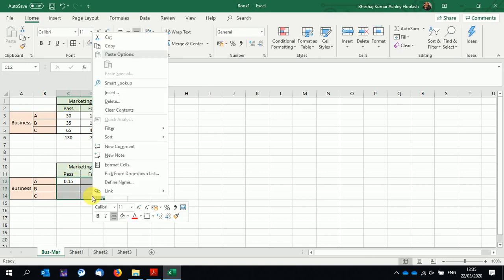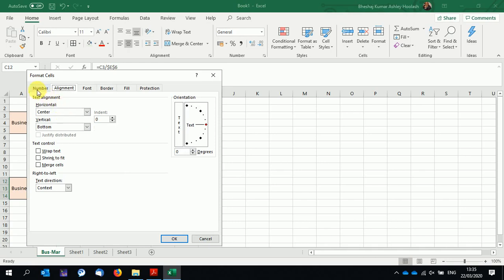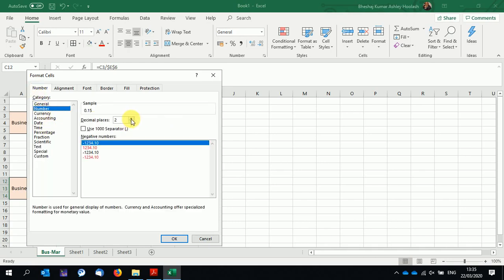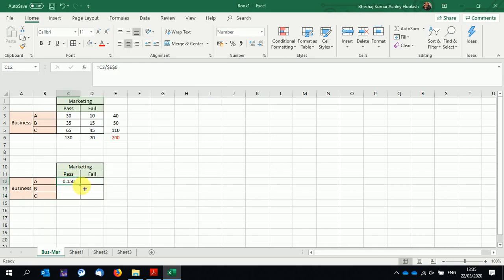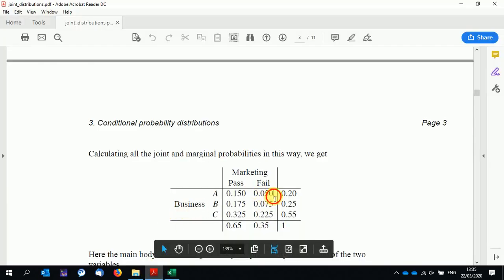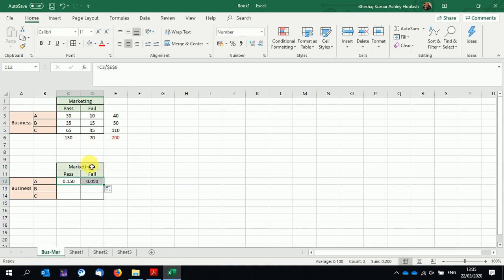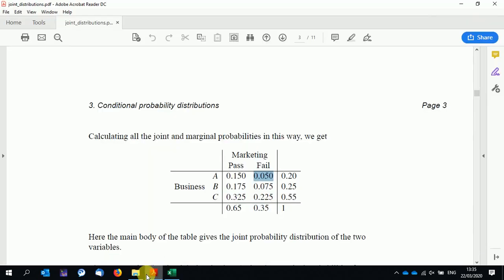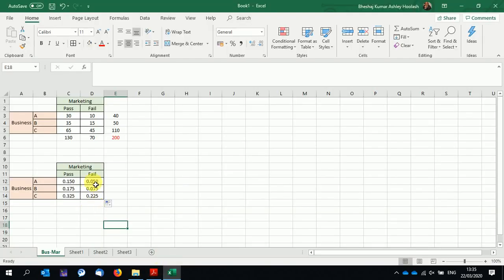You can convert all of them to 3 dps, right? And there you go. That's for this one as well, and you can do the rest yourself. Yeah, perfect. You can click on those cells and see how we worked out, but you don't really need me to remind you about this.